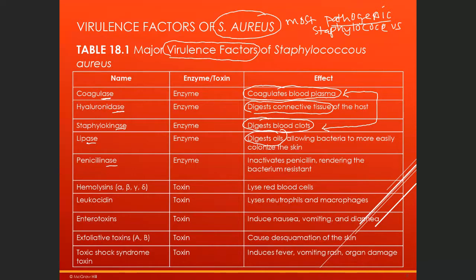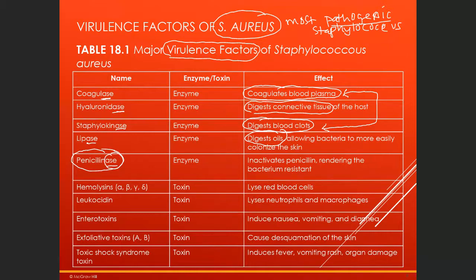This next one is special for Staphylococcus aureus, which is penicillinase. Remember, penicillinase is the enzyme that inactivates penicillin.